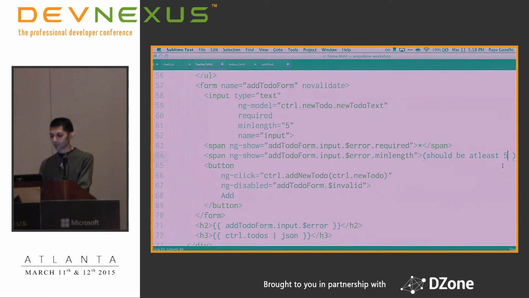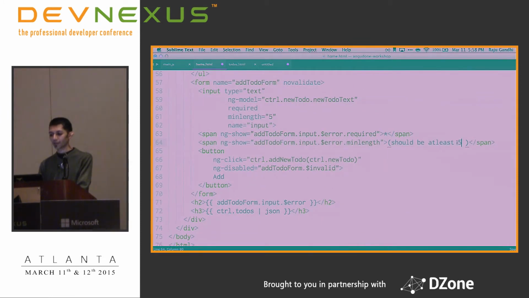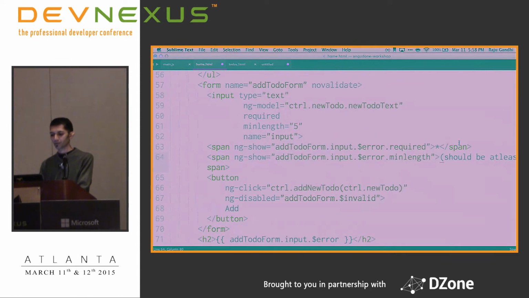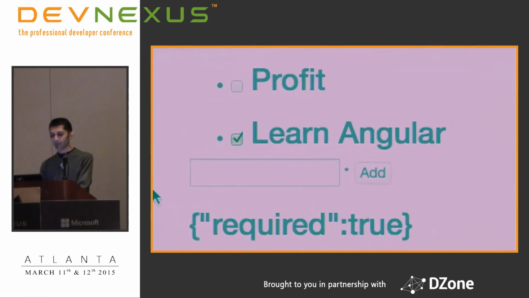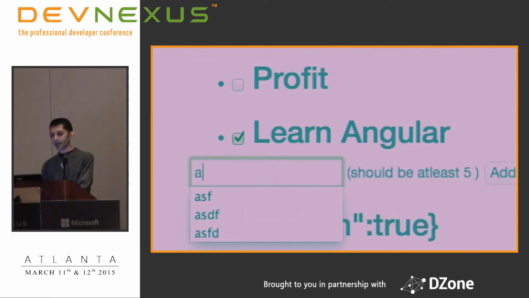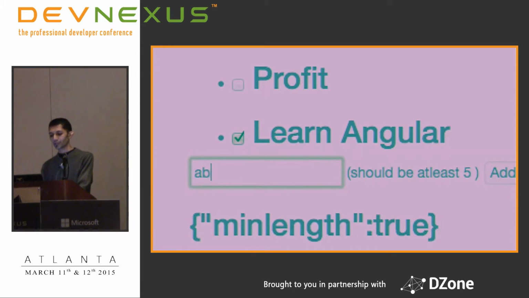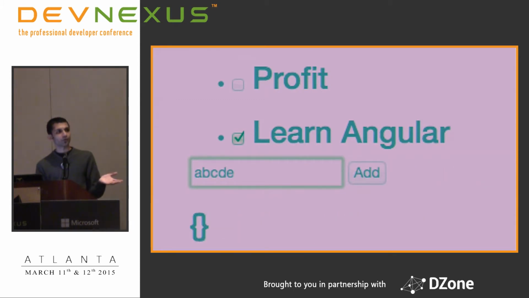Why won't this zoom? Anyways, should be at least 5, it doesn't matter. Point is, let's see how this works. So I have a star and then I type A and then it says should be at least 5. And then I do B, C, D, E and it goes away. Does that make sense to everyone? So you can have that object to interrogate to do some fancy business.